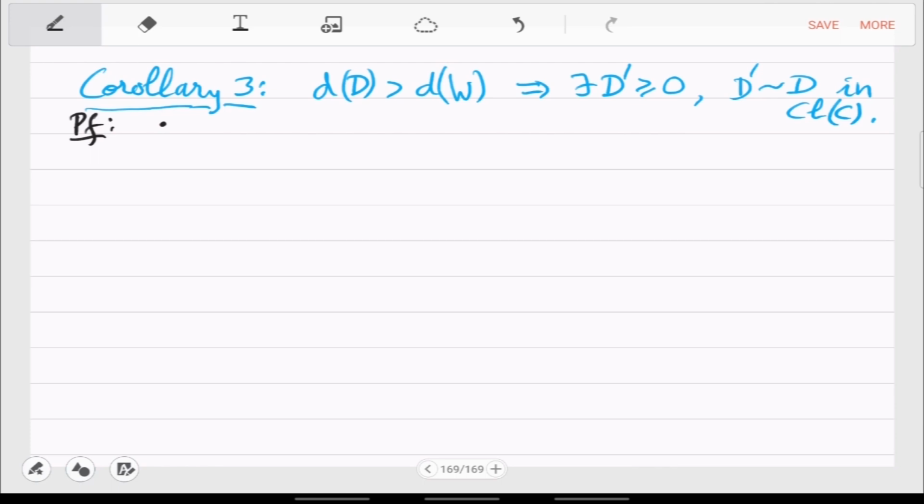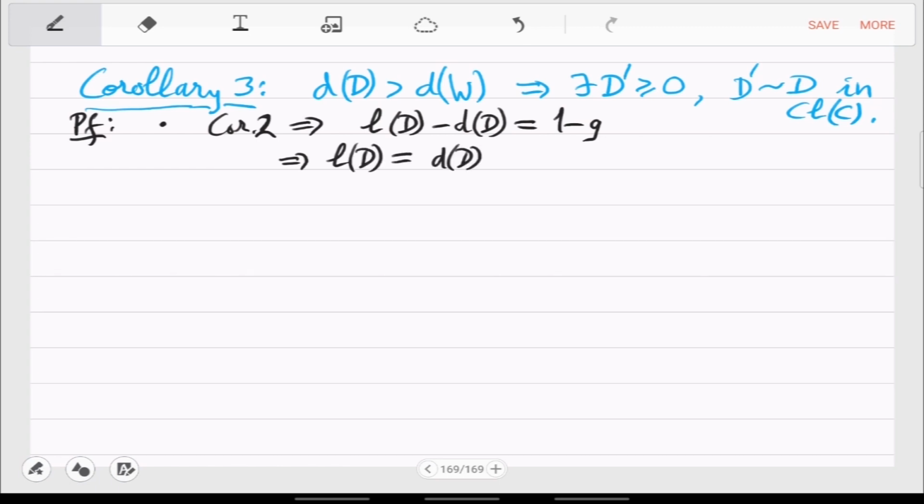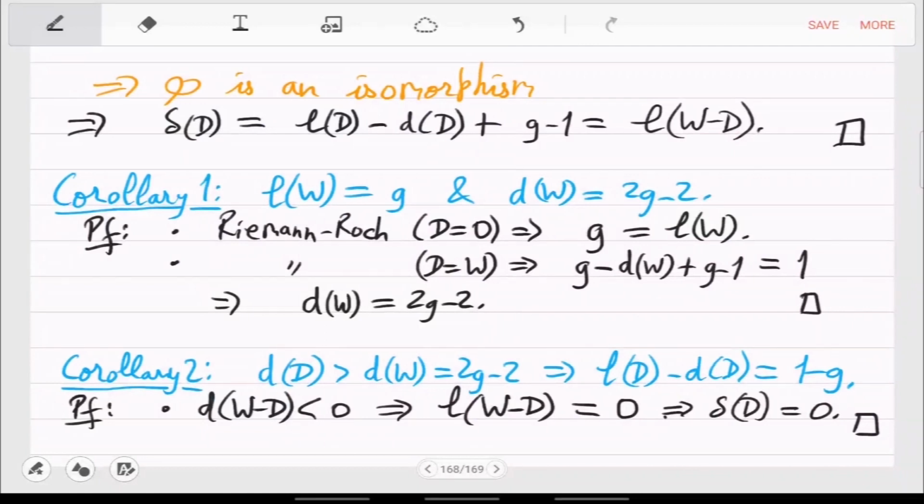So for this high degree, you know by corollary 2, LD is equal to... and what is DW? DW was 2G minus 2.